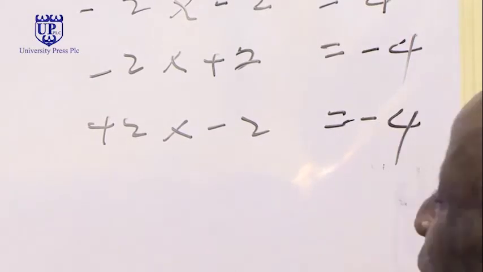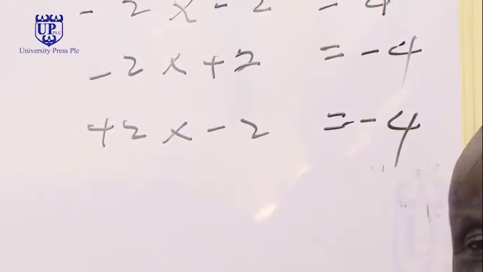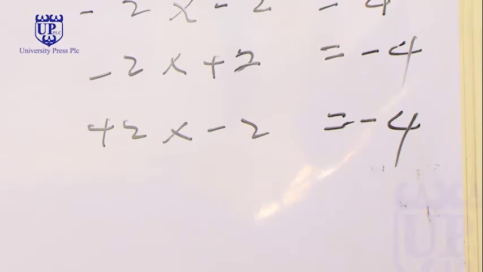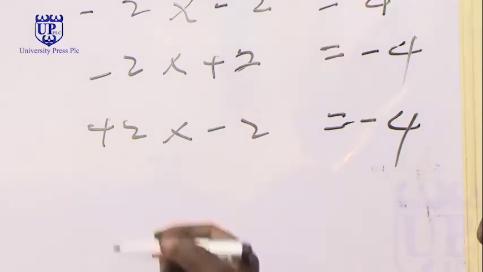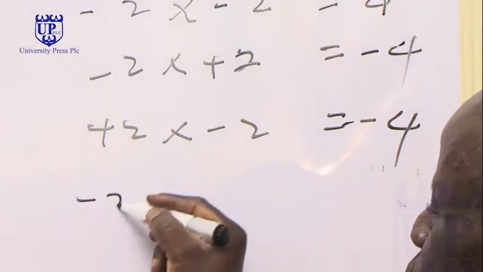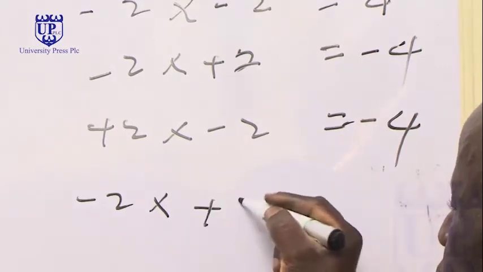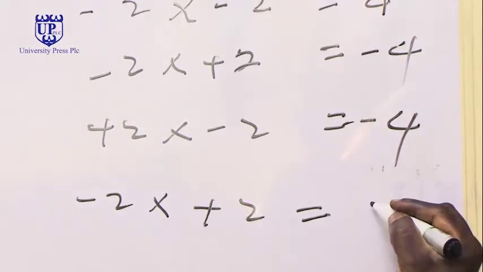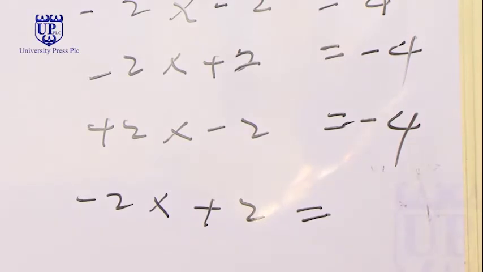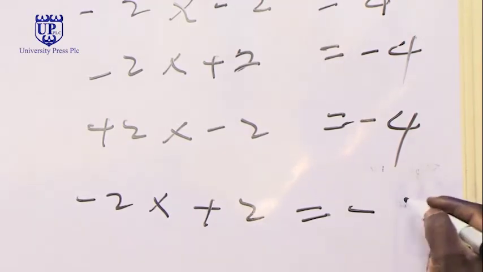Now there is something that is very, very important. Please, -2 multiplied by +2 is equal to what? -4.